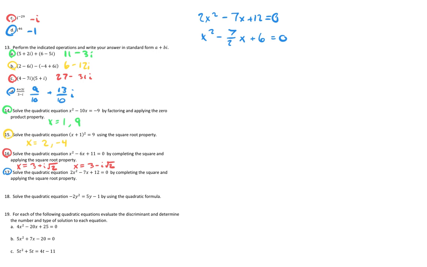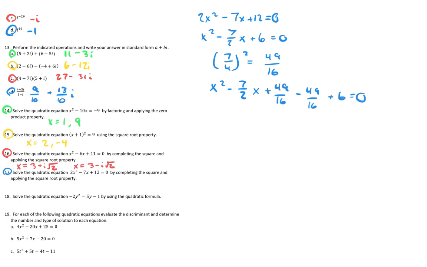That's going to be 7 fourths squared, which is 49 sixteenths. Which is kind of a gross number, but we can work with it because it's going to be the same process. So we're going to have minus 7 halves x plus 49 over 16 minus 49 over 16 plus 6 equals 0.